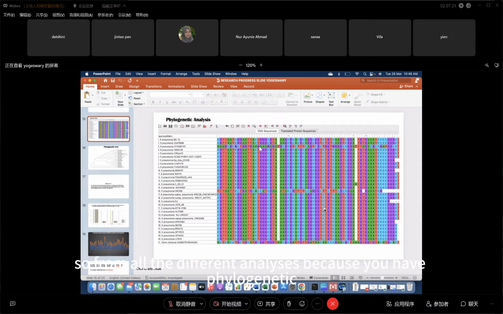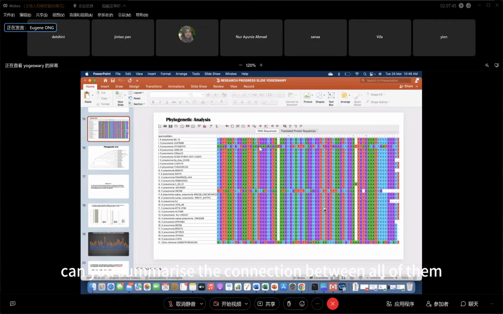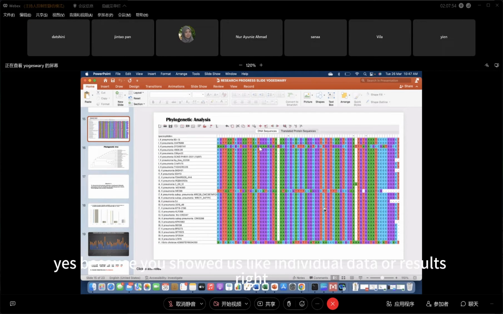From all the different analyses, because you have phylogenetic, secondary metabolites and phages, can you summarize the connection between all of them? Because you showed us individual data or results, right? You have all the different analyses. So how can you tie all of them together?